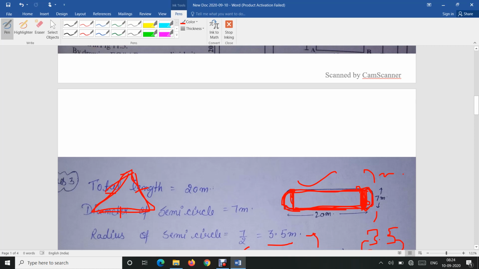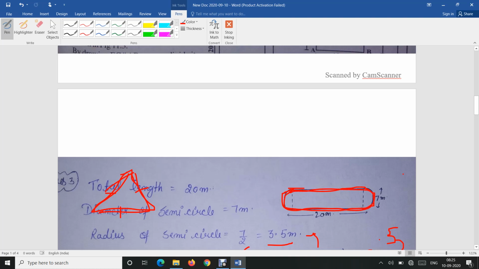Now I will tell you what the perimeter is. Perimeter is simply the boundary of the closed figure. That means we have to find the length of only the boundaries to find the perimeter.